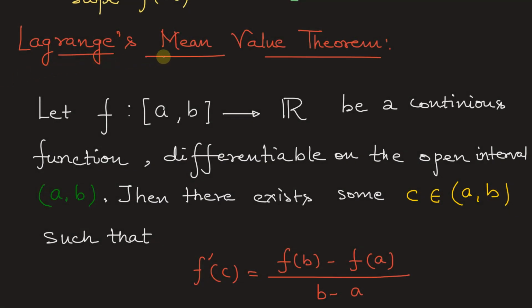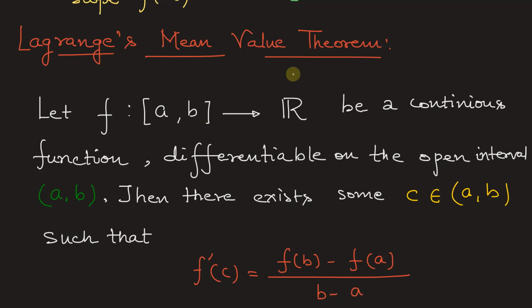According to Lagrange's mean value theorem, if there is a function f defined on the closed interval a to b, and it is continuous and differentiable on the open interval a to b, then there must exist some c in the open interval a to b such that the slope at point c equals the value of the function at b minus the value at a, divided by b minus a.